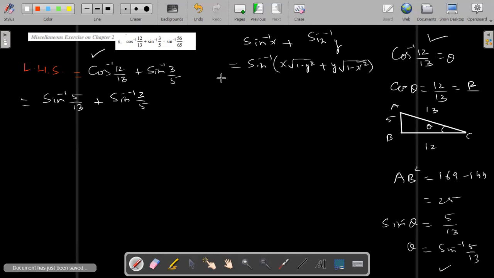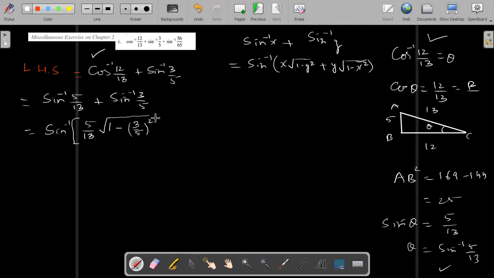This formula will be applied here. So we get sine inverse x, x is 5 by 13, under the root 1 minus y square, y is 3 by 5, 3 by 5 whole square, plus y, 3 by 5, under root 1 minus x square, 5 by 13 whole square.